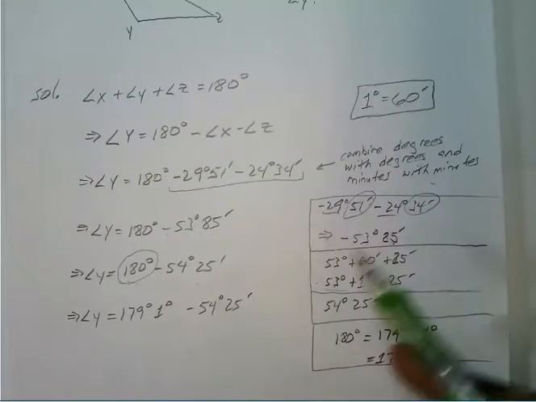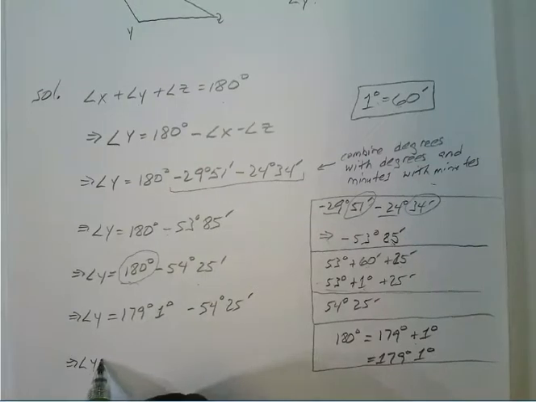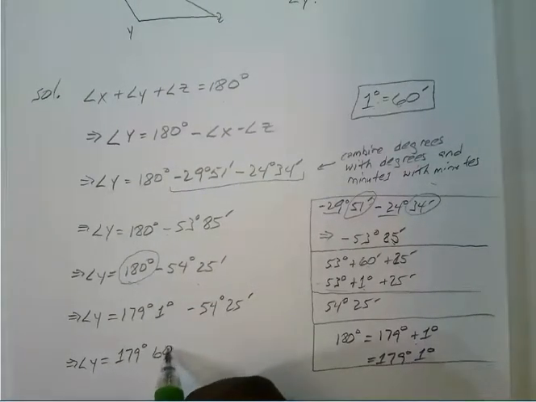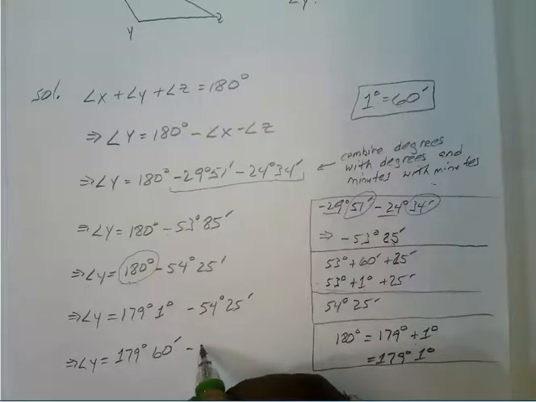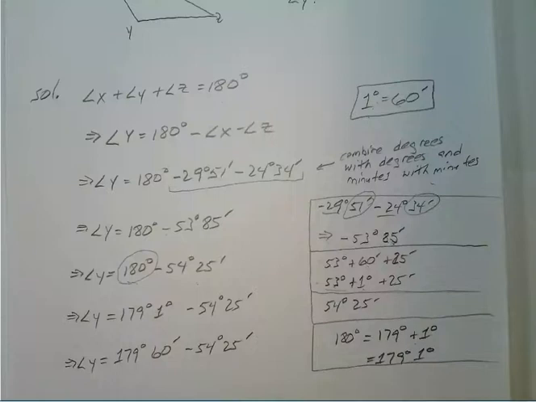Remember that 1 degree equals 60 minutes. So you have angle Y equals 179 degrees, 60 minutes, minus 54 degrees, 25 minutes.